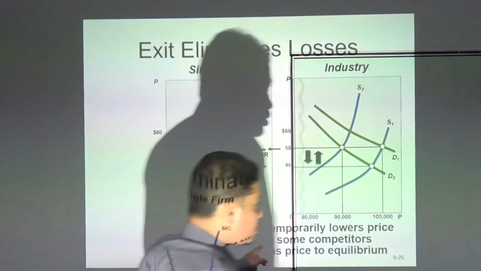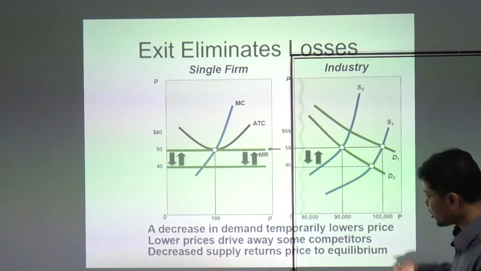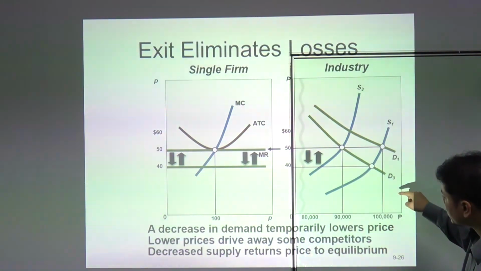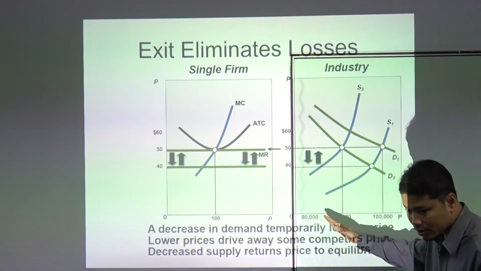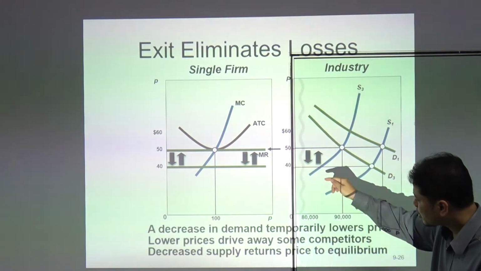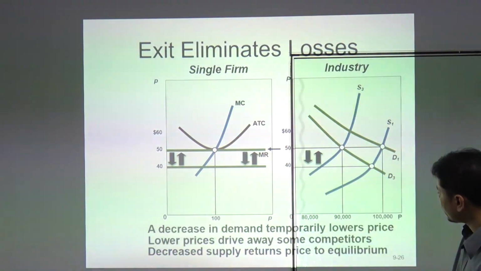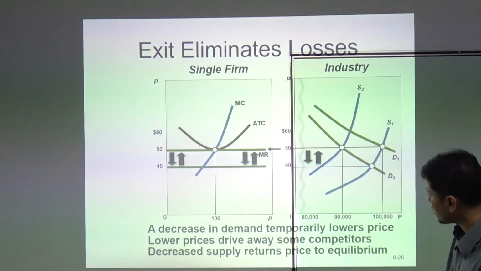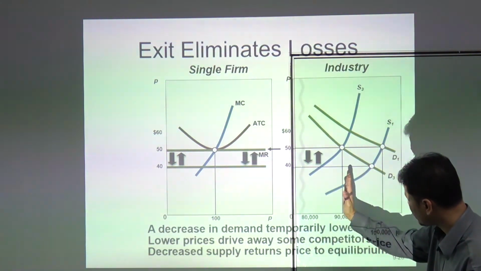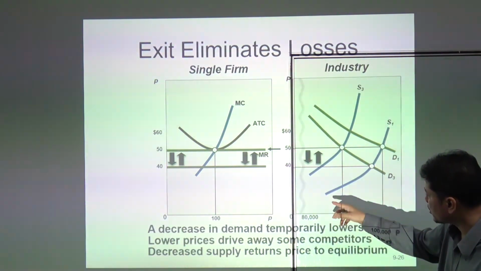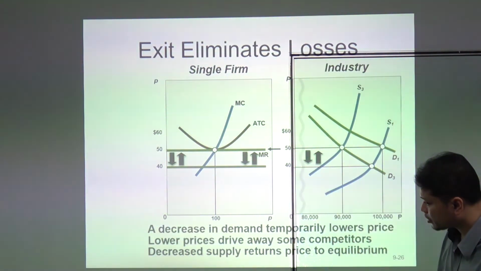Exit eliminates losses here. Initially, you have the equilibrium at D1 and S1, and then you have a temporary decline in demand, which caused the price to drop to $40, and as a result, firms had to exit the industry, so the supply curve shifts to the left, but then the new equilibrium will return back to $50.